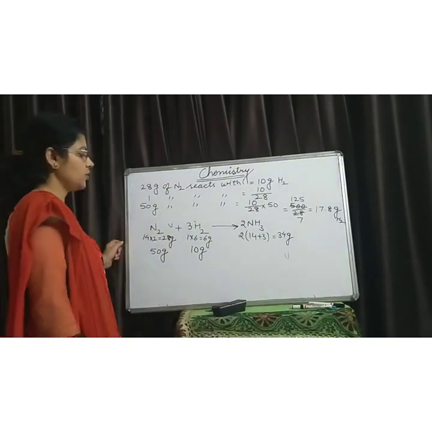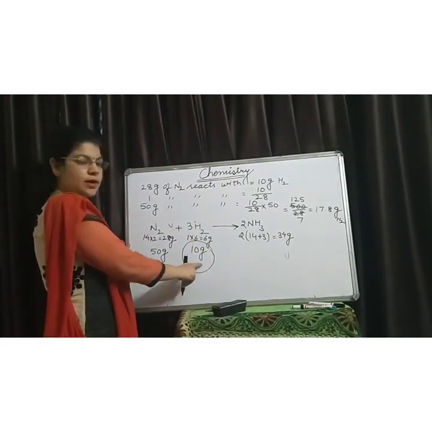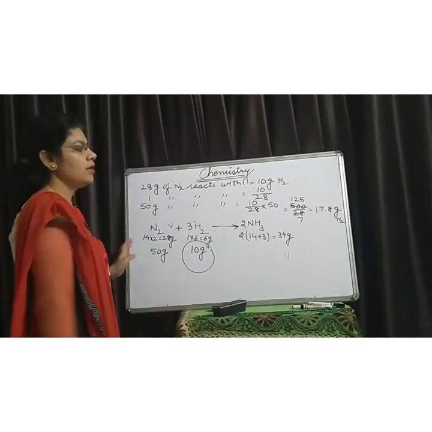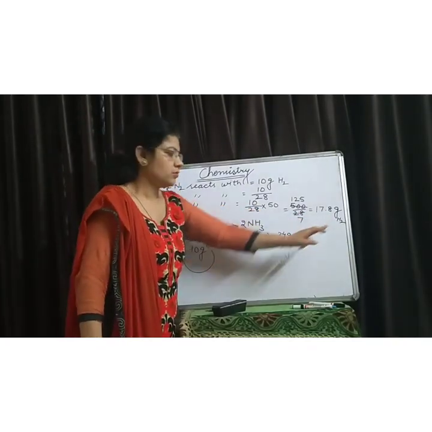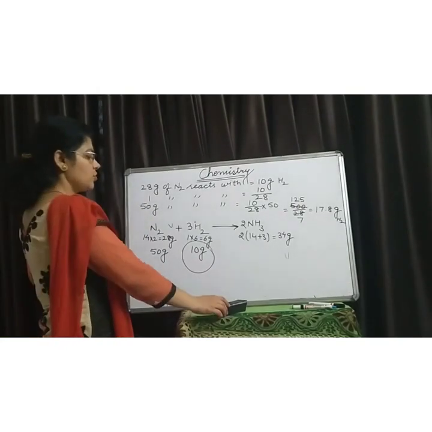But in this question only 10 grams of hydrogen is provided, while we need 17.8 grams of hydrogen for 50 grams of nitrogen.